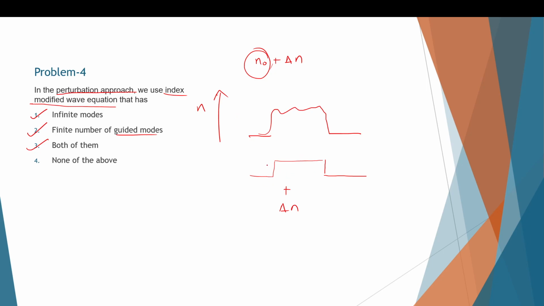But the solutions to this geometry I already know. The slight perturbations I can achieve by doing something like a summation over the different modes. So we try to model it using a refractive index profile that has finite guided modes and infinite unguided modes. So both of them is the correct answer.